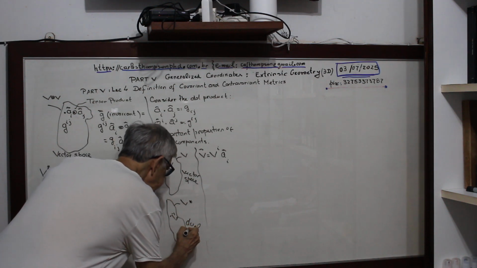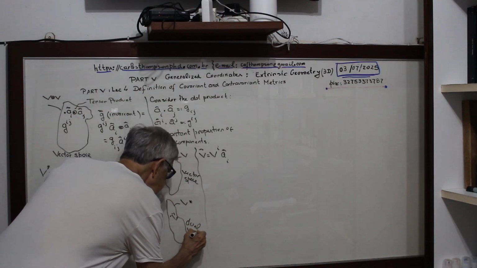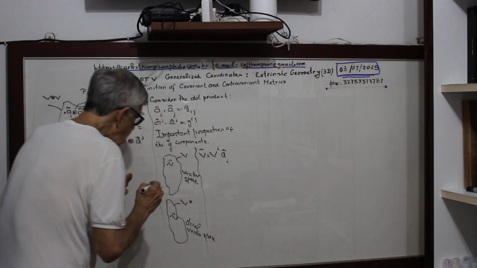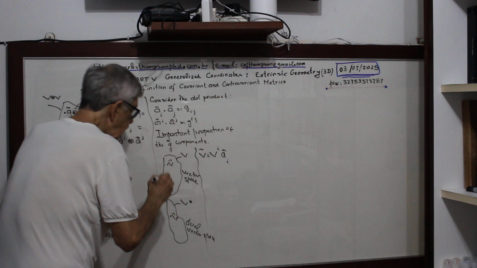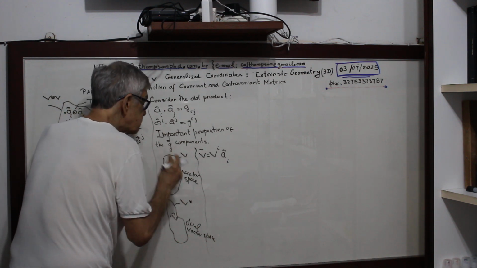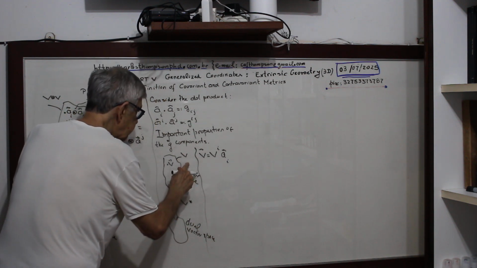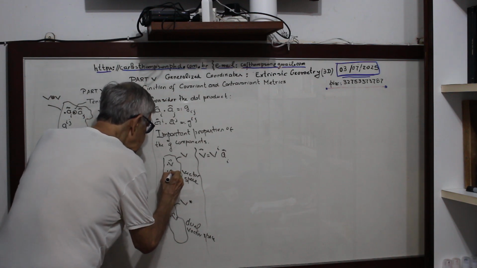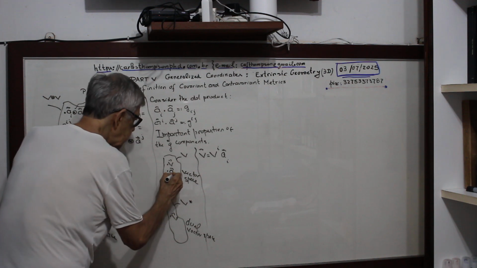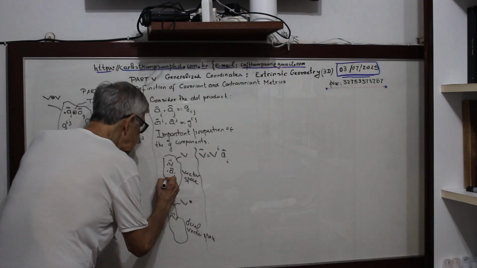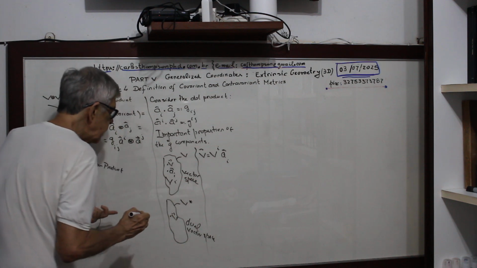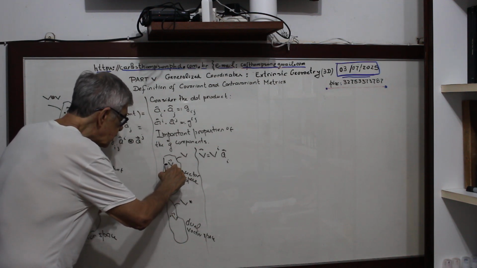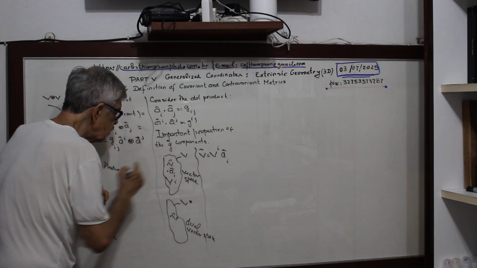This is a dual vector space. Now, you see, I can expand this vector v in the vector space just using this basis vector and v^i. See, it's not confusing. This vector v doesn't have anything to do with this v over here.